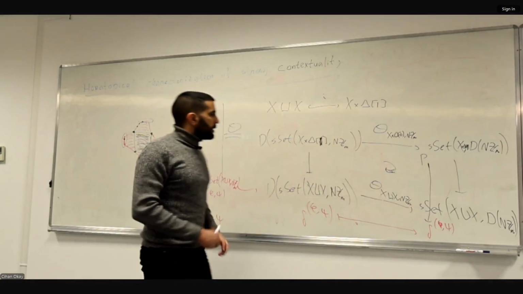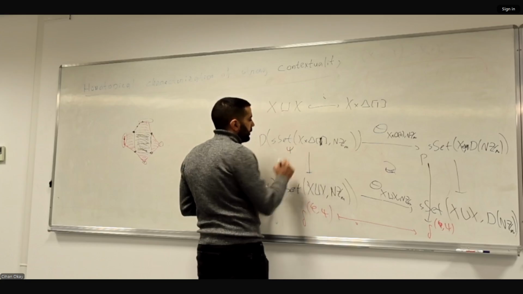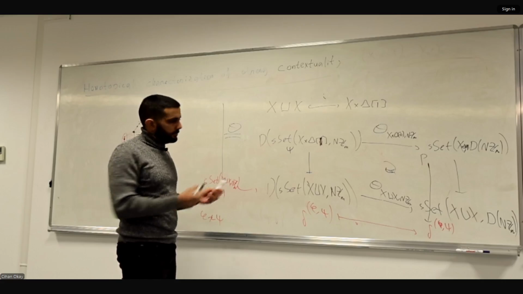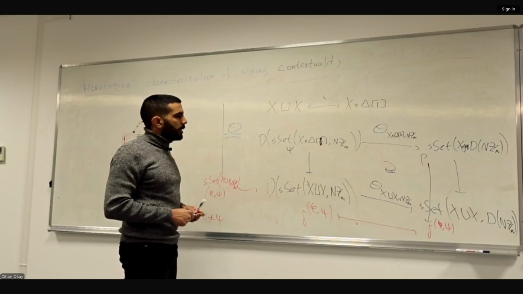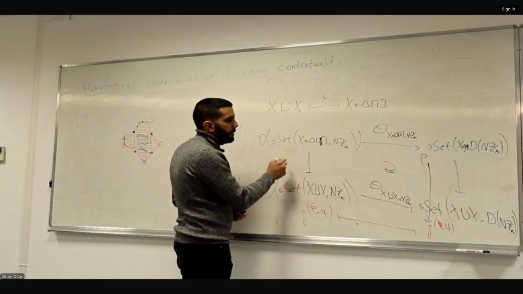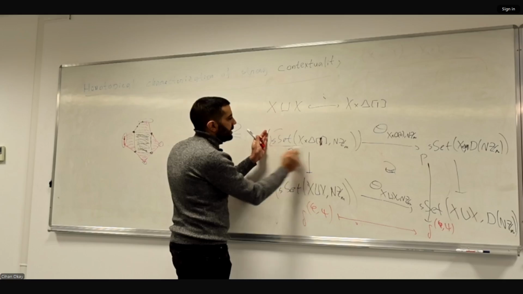Why? Because if this has a support, something like here, one can prove, it needs to work. I will not prove this now, but one can prove that it will be, I already used psi, maybe I will use another letter, something here that supports this.